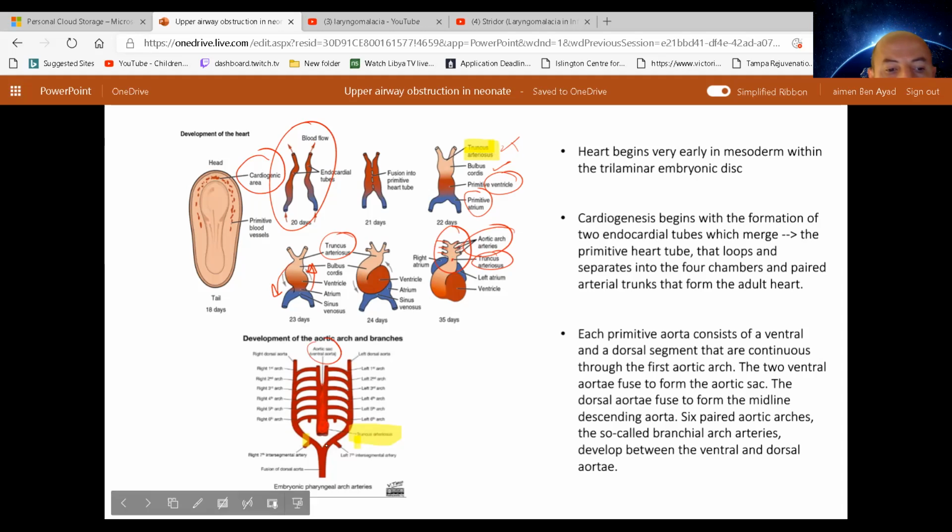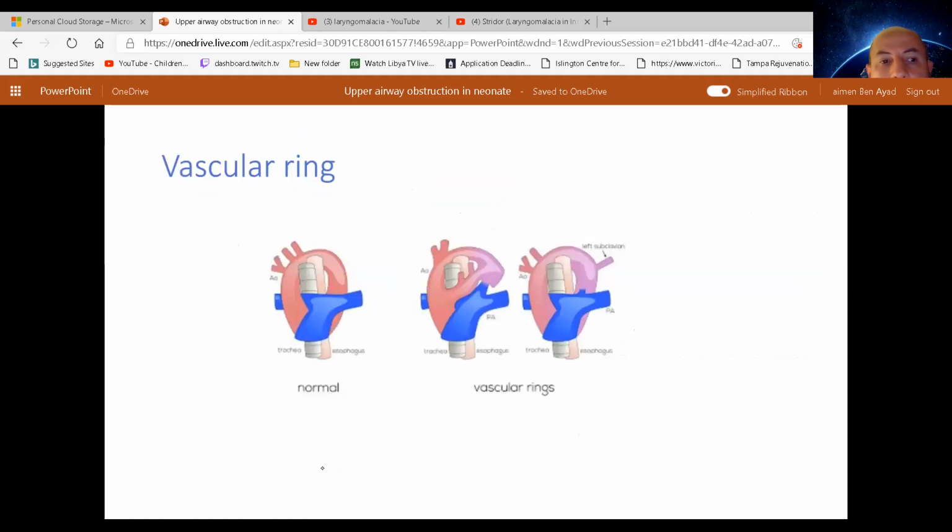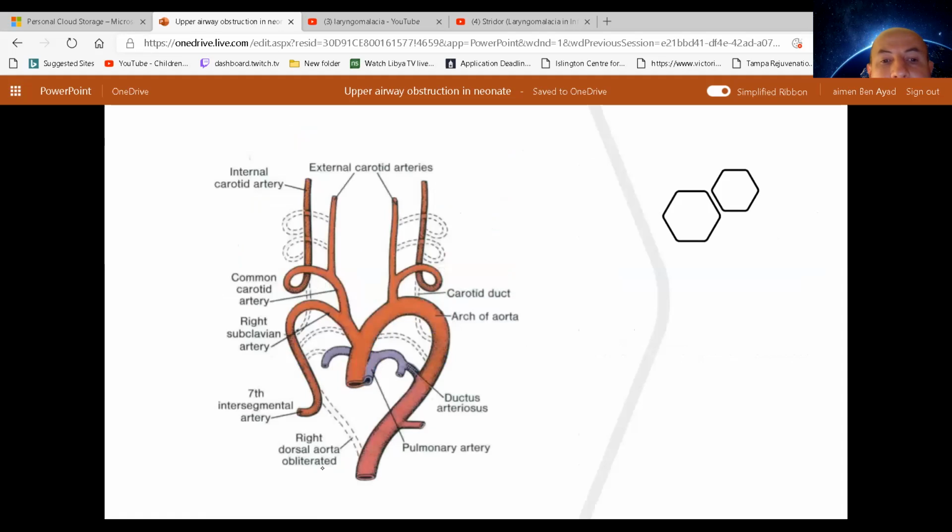The dorsal part later on makes the descending aorta, and you can see it makes the arches: first aortic arch, second, third, fourth, fifth, and sixth aortic arch, and then the descending portion of the aorta, and here they fuse to form the aortic sac. After that, once the changes happen, the pairs start to degenerate, and that's when the aortic arch forms.